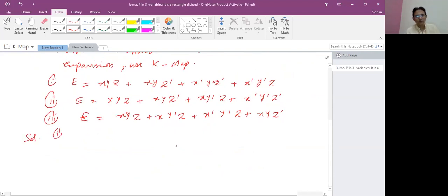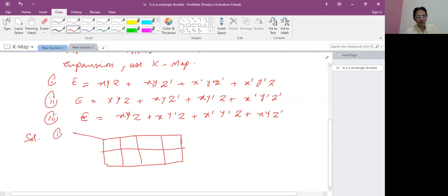In the first part, we draw a rectangle box, meaning 8 squares in a rectangular box. Student, suppose yz and x here.